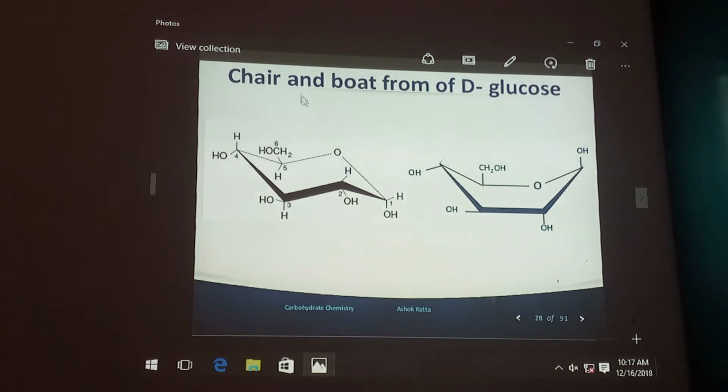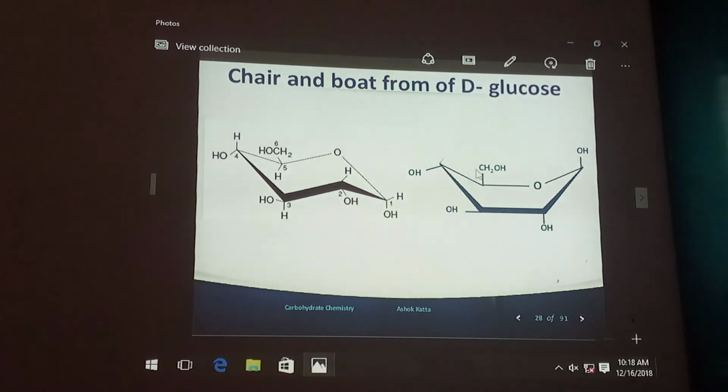Now we see that there are some other conformations, that is, chair and boat conformations of D-glucose. This structure number one resembles a chair, so that is why we call it a chair conformation, and it can be shown while labeling from here: 1, 2, 3 and 4, 5 and 6.